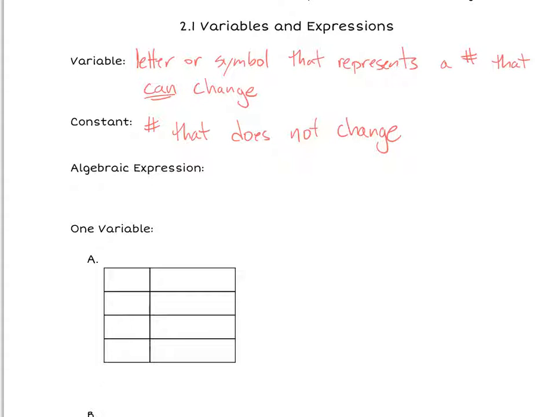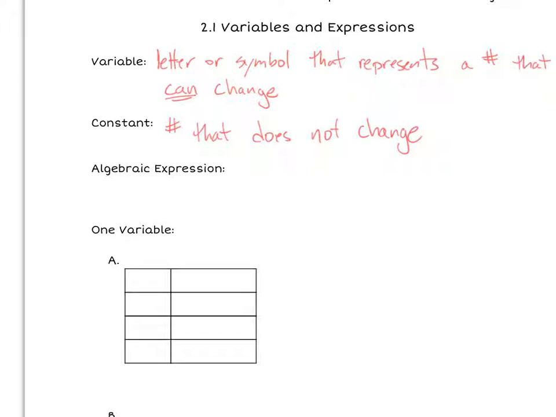All right, who remembers the last chapter when we talked about a mathematical expression? Do you remember what that was? I'm going to write an example. You guys don't need to write this down so you can get an idea. A mathematical expression was like 5 plus 2.